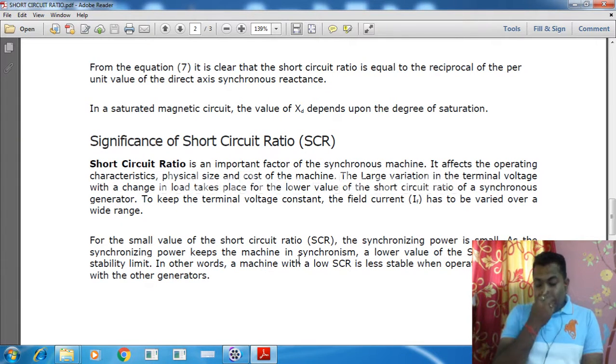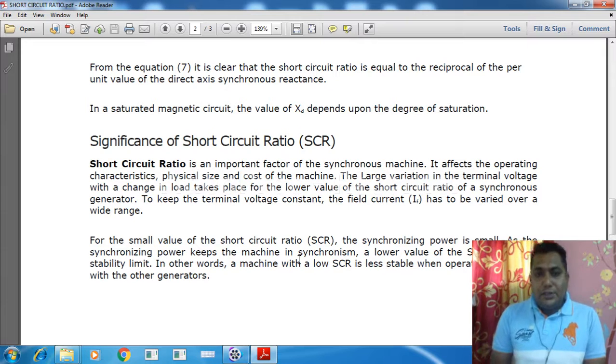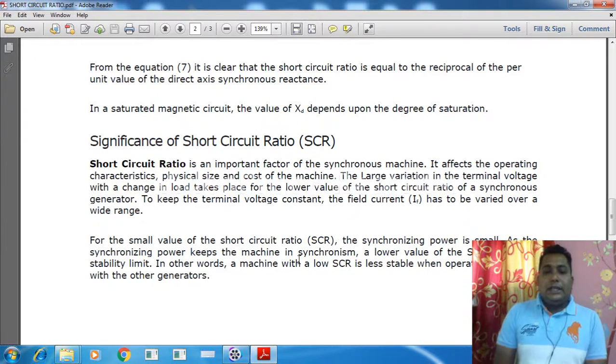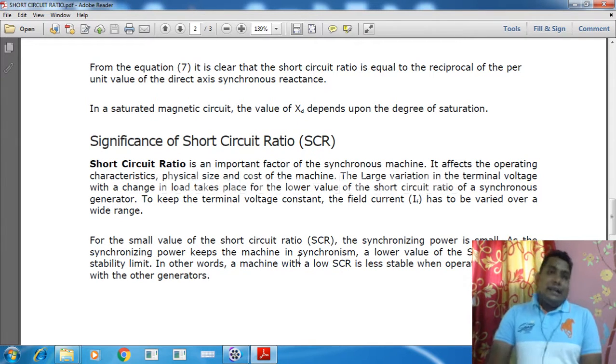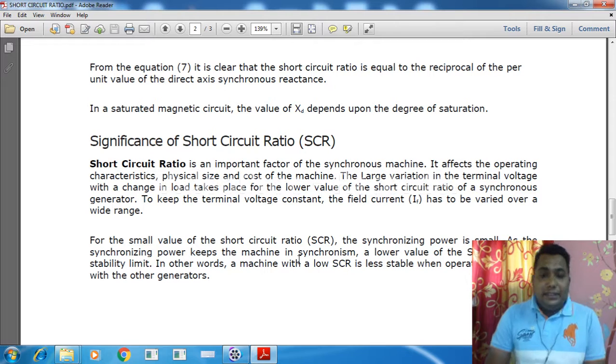Now after this I'm going to discuss with you how it is relating to this physical size and cost.